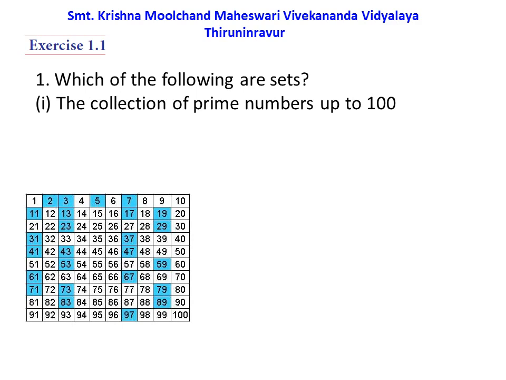I have given the picture of prime numbers from 1 to 100. Look at this. In the blue boxes, prime numbers are there. We can write the set like this: P is equal to {2, 3, 5, 7, 11, and so on up to 97}. So now you came to know this answer. Yes, the collection of prime numbers up to 100 is a set.